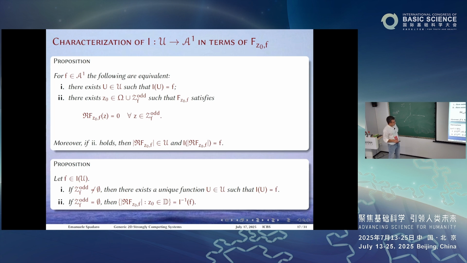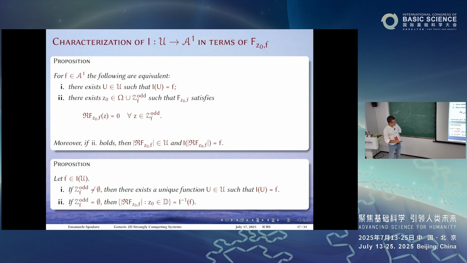Now, just to mention this, this map I is not a one-to-one map. If f is a holomorphic function which has some zero with odd multiplicity, then there exists only one solution which corresponds to this holomorphic function.